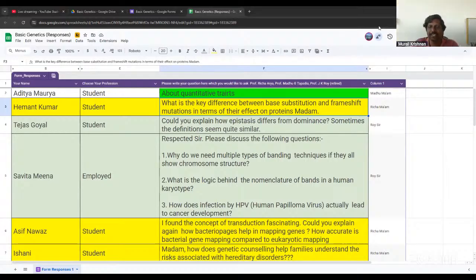Okay. So, the difference between base substitution and frame shift mutation. Base substitution means one base is substituted for another. So nothing will happen to the frame, because the frame remains the same.